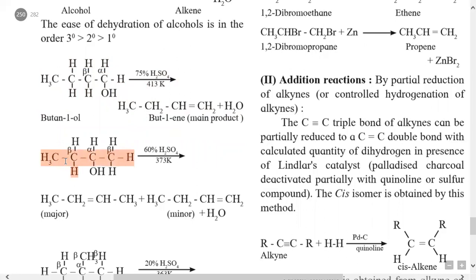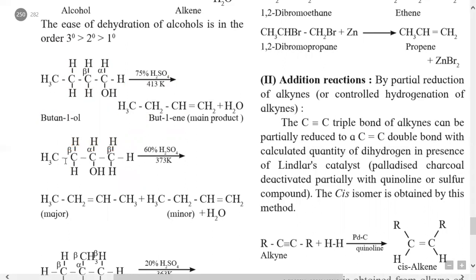The second example is again a 4-carbon alcohol, but the OH group is bonded to a secondary carbon, and this secondary carbon is now the alpha carbon. To this alpha carbon, there is one beta carbon on the left side and one beta carbon on the right side. Here there are two possibilities to form an alkene, like Saytzeff rule.